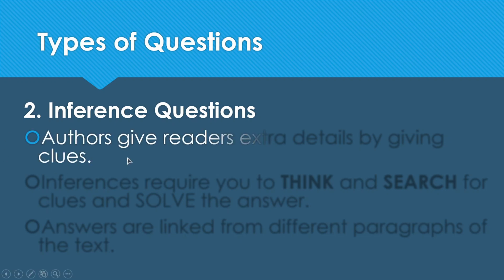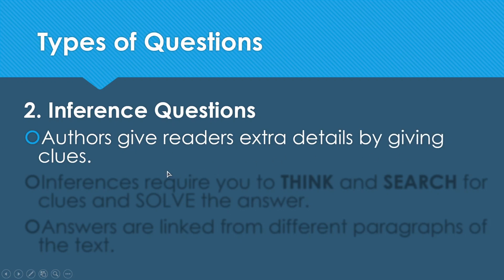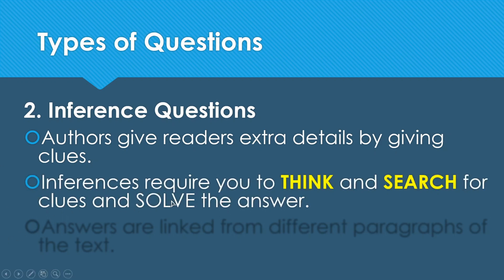Now, authors give readers extra details by giving clues. The authors of every passage have put details in the reading passage. Now, inferences require you to think and search for clues and solve the answer. So you need to think and search for clues around the passage, okay?